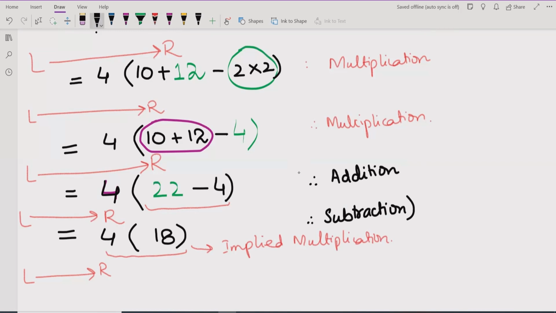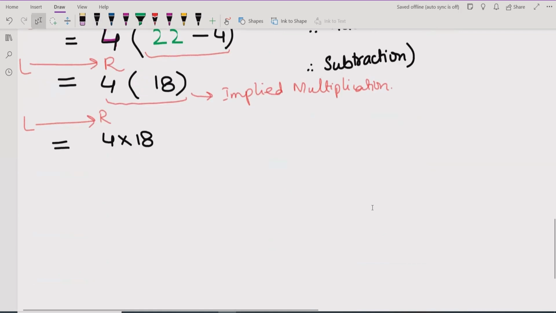So we multiply 4 by 18, and we get the answer: 8 times 4 is 32, 3 carry, 4 times 1 is 4, and 3 makes 7.